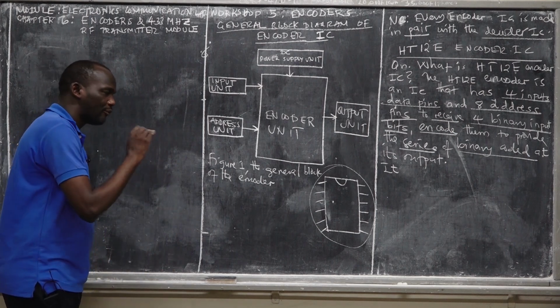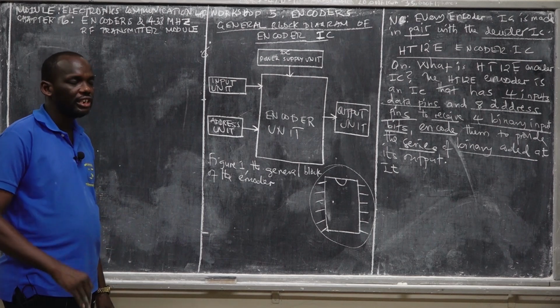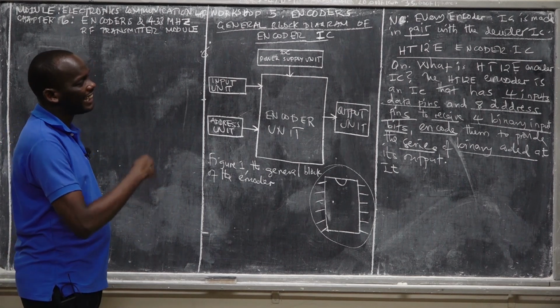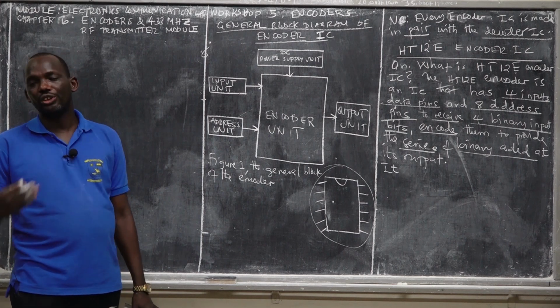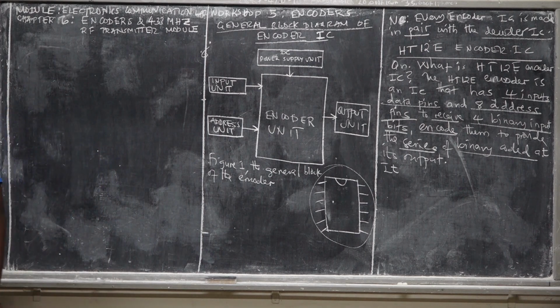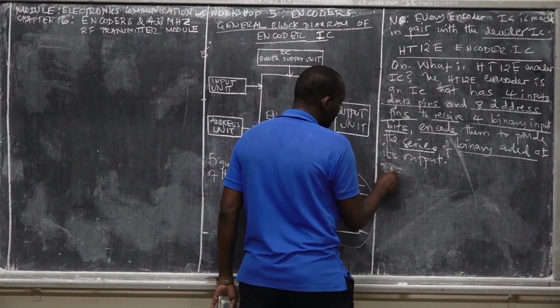So it has 4 input data pins and a single output data pin. But it also has 8 address pins to provide an address to the information signal which has been supplied at the input. Are we together?